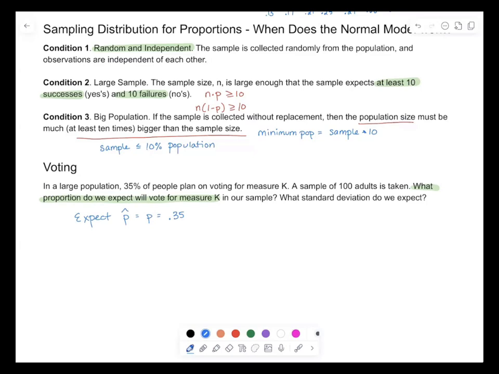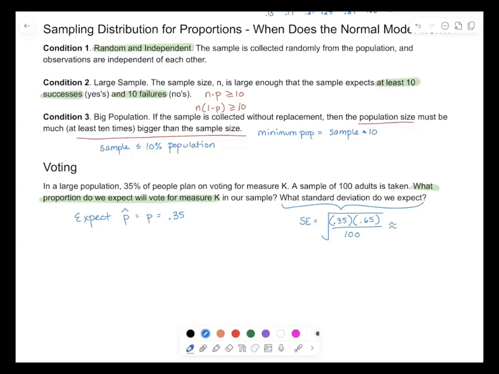Now the standard deviation is where things get more interesting, because here we need to calculate our standard error, and it depends on how big that sample was. So our standard error in this case is the square root of p, that's 0.35, times 1 minus p, which is 0.65, divided by the sample size, n, which is 100.